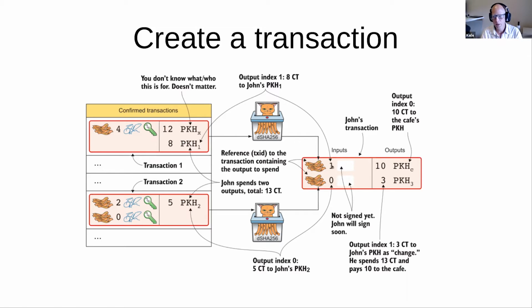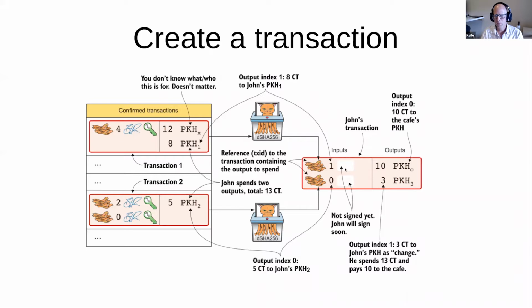And this 1 refers to the index among the outputs in that transaction. So 1 refers to the second output of the previous transaction. This is 0 based, so the first output is indexed 0, and the second output is index 1. So this input refers to an output of a previous, already existing transaction.